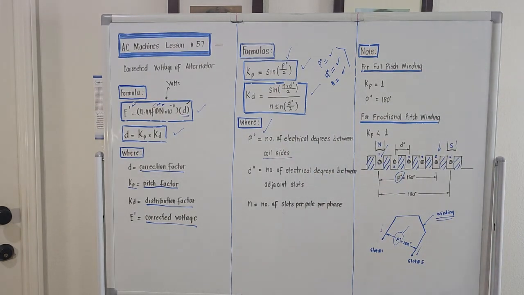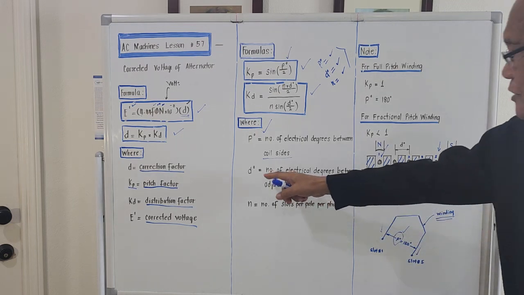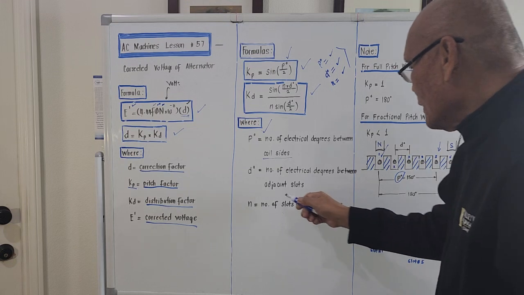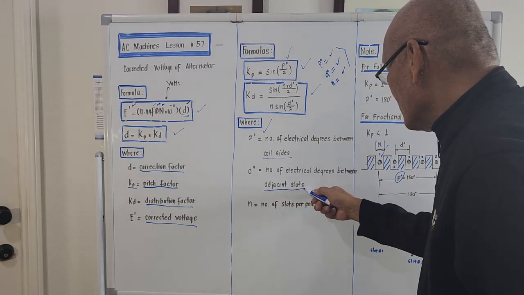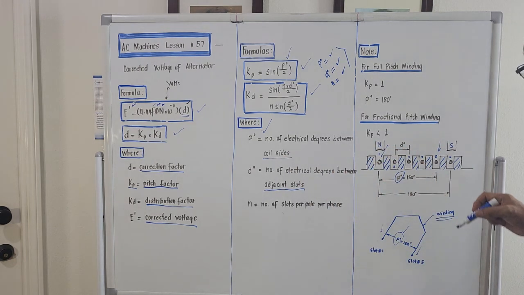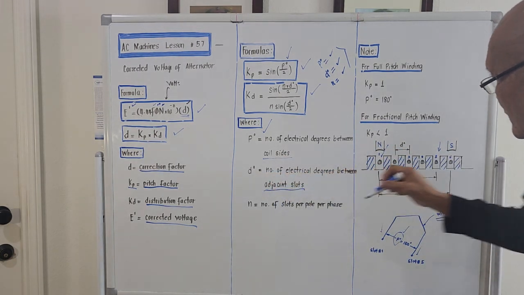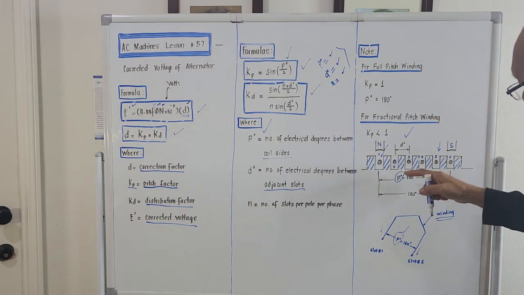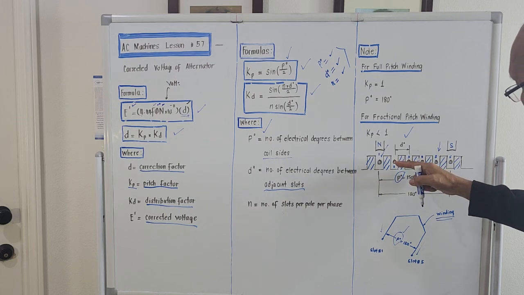And what is D degree? D degree is the number of electrical degrees between adjacent slots. So we are talking about the number of electrical degrees between slots. This D degree here is this. Considering slot number 2 and number 3, this is the conductor.